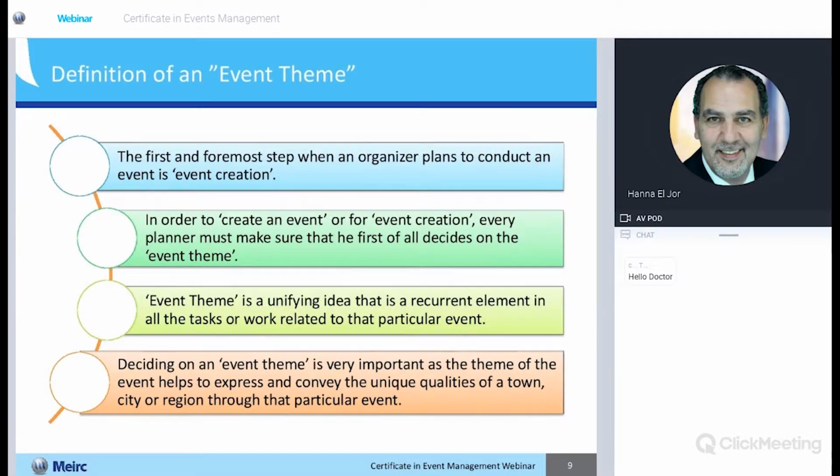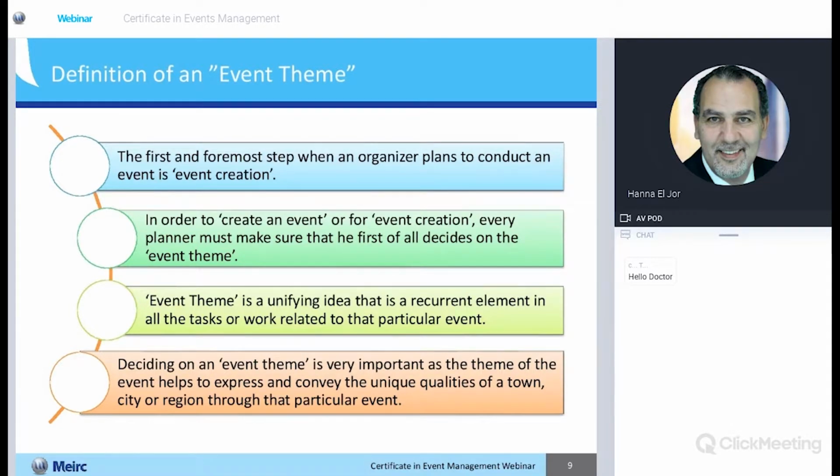The event theme, by description, is a unifying idea that is a recurrent element in all the tasks, in all of the activities related to that particular event. Meaning, the brochure needs to be linked to the theme, whether by colors or by shape. The brochure is one example. The decoration inside, the colors we're using, the slogan, all of those should be related to the theme of the event.